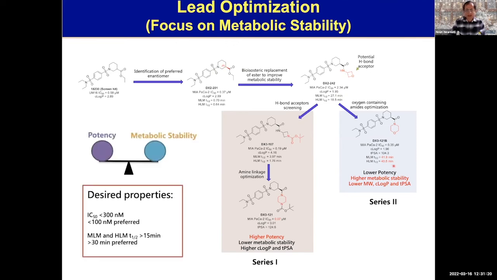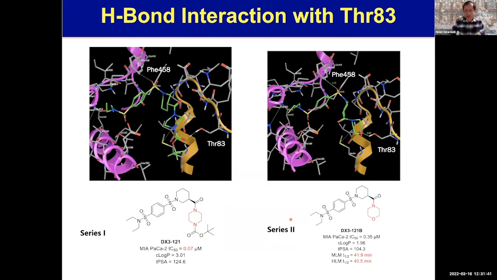So we tried to make a large number of analogs to optimize the physicochemical properties of these molecules, with the idea that we want a compound that is less than 100 nanomolar, as well as stable, with a half-life over 30 minutes. So we have made a large library of compounds. We also identified the target, and we are preparing a manuscript right now.